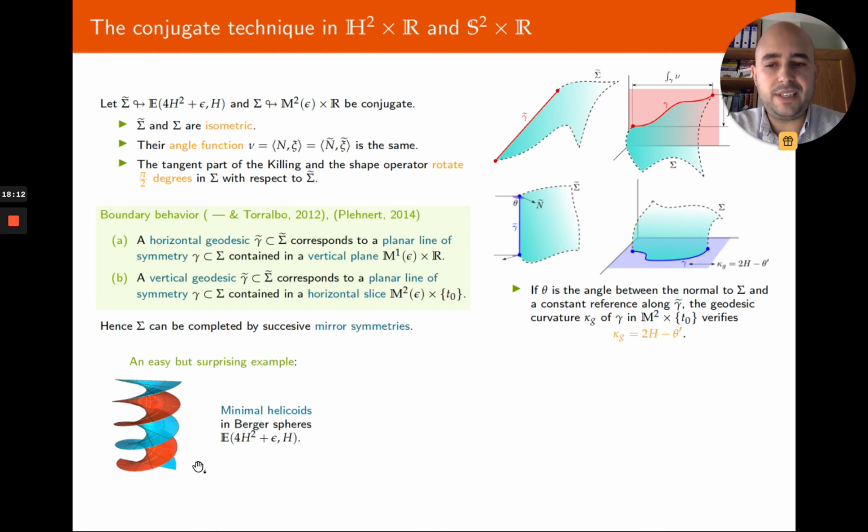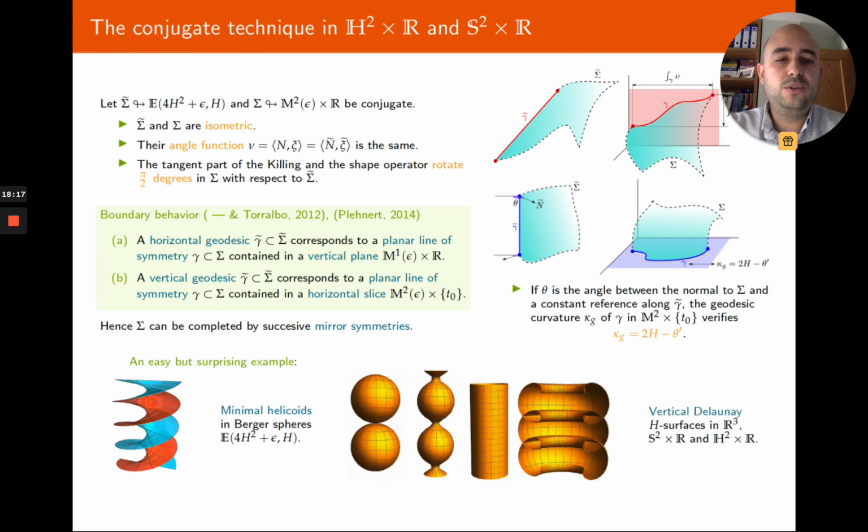So helicoids are always minimal in spheres, but the conjugate surfaces are, I like to say, surprising, because depending on the rotation speed here, that is something very naive in the case of Berger spheres, we get spheres, cylinders, nodoids, or unduloids in R3, S2 cross R, and H2 cross R that, even though they are rotationally invariant, look very different.